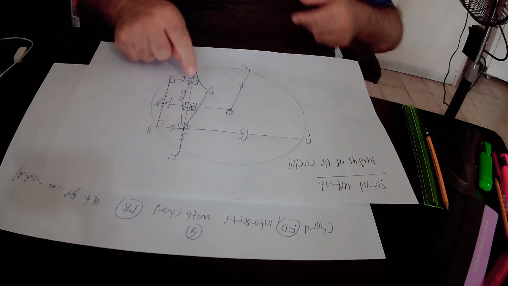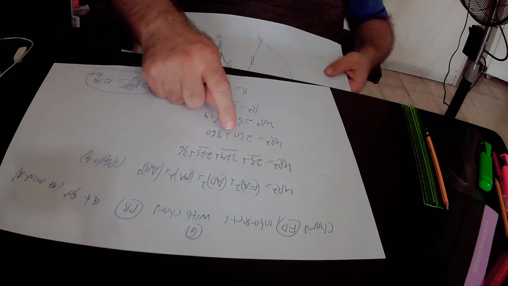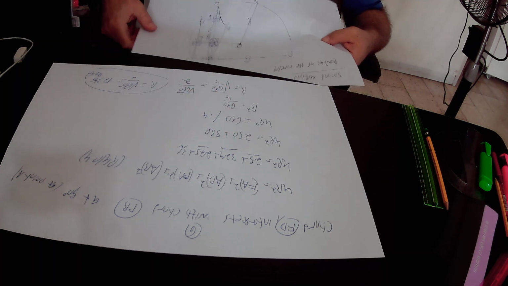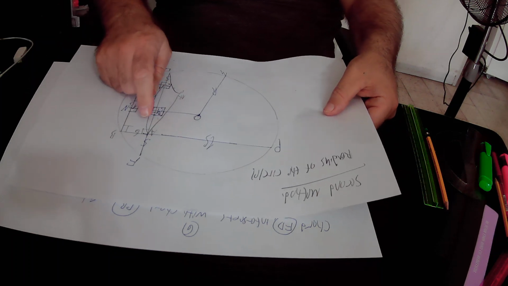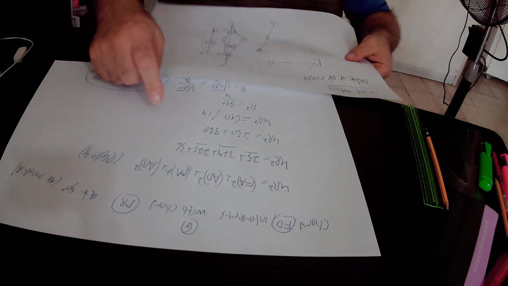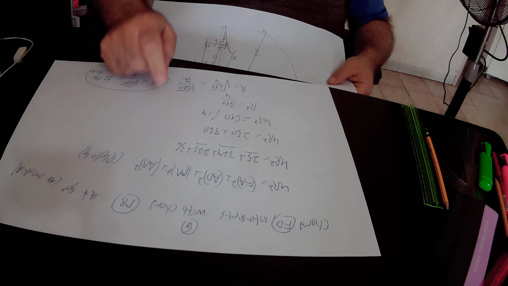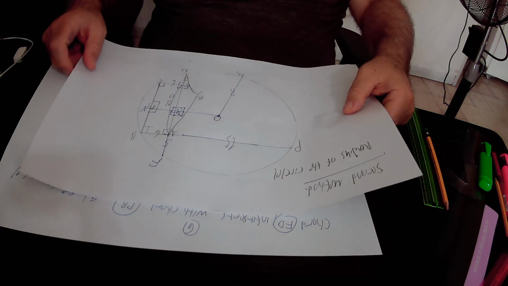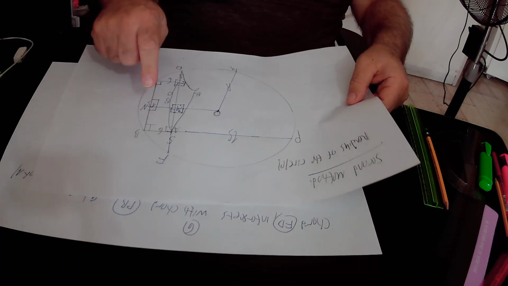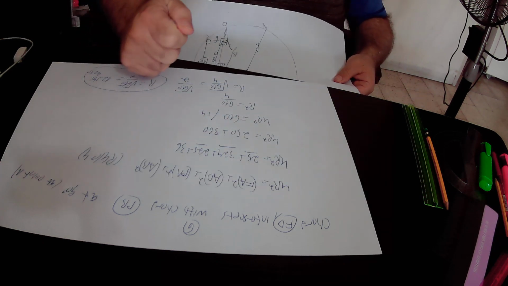AD equals 18, so AD squared is 324, plus PA squared. PA equals 15, so PA squared is 225, plus AB squared. AB equals 6, so AB squared is 36.